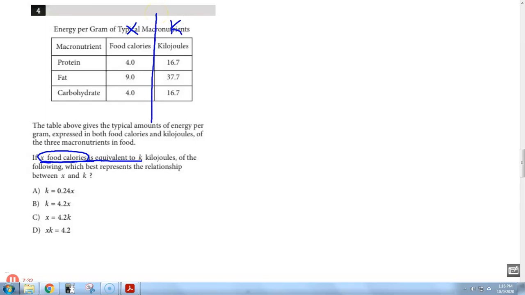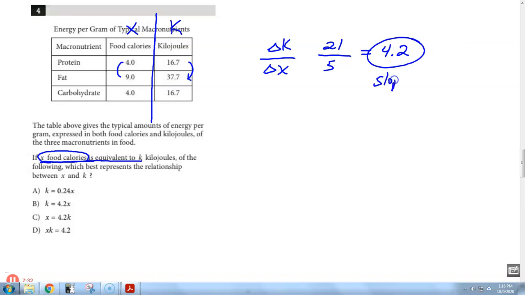So I can kind of see that if I want to do my slope, for this problem it'd be the change in K over the change in X. When I subtract those two numbers, it looks like it's going up 21 kilojoules for 5 calories, which gives me 4.2 would be my slope.